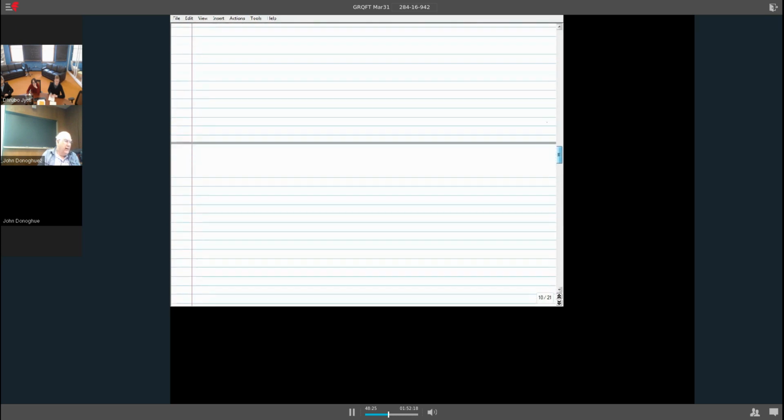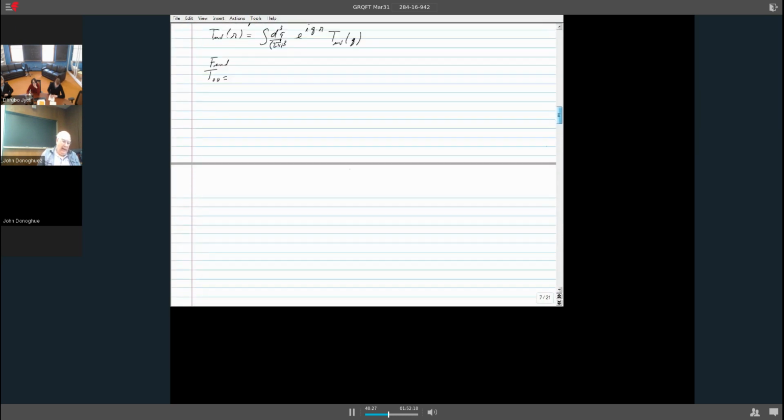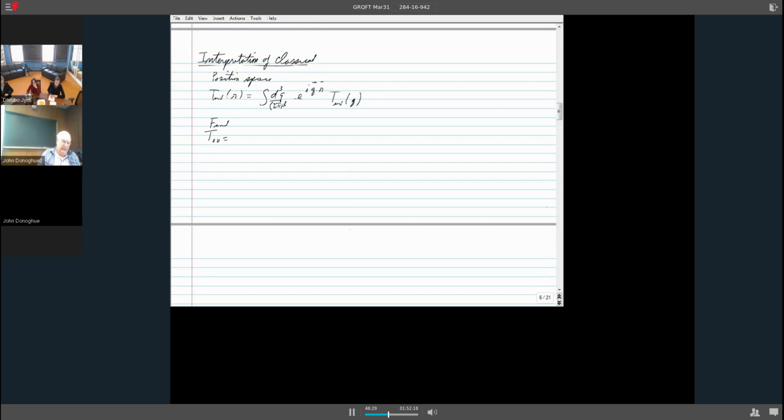You take these two pieces there and you Fourier transform. So I'm just Fourier transforming this guy, and it's just 3D Fourier transform, and you find T00.